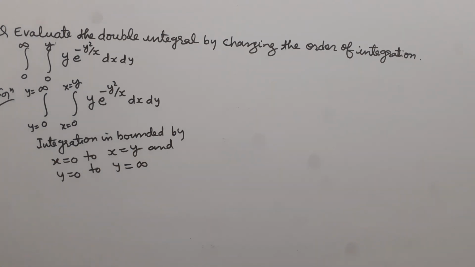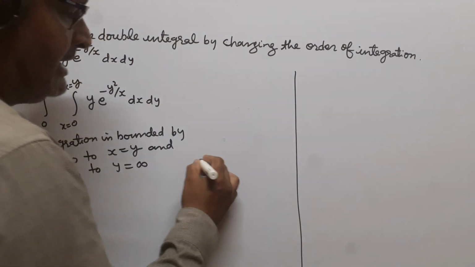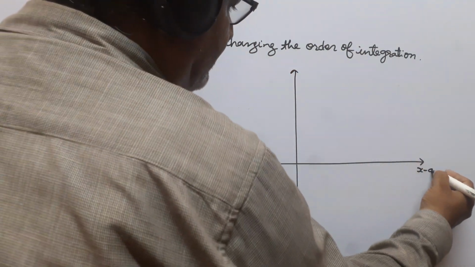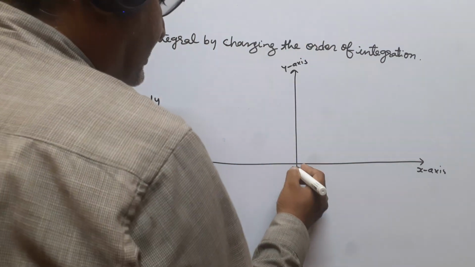Now we draw the given region. First we draw the vertical line, this is the y axis, and this horizontal line, this is the x axis, and this is the origin.